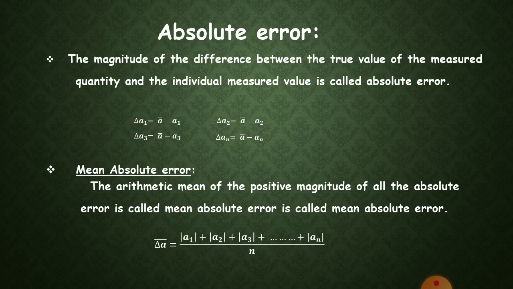It means your different observations are lying either on the positive side or on the negative side of the true value. It means if your value is 5 and you have observed 4.9 and 5.1, they are lying close to the true value, that is 5.